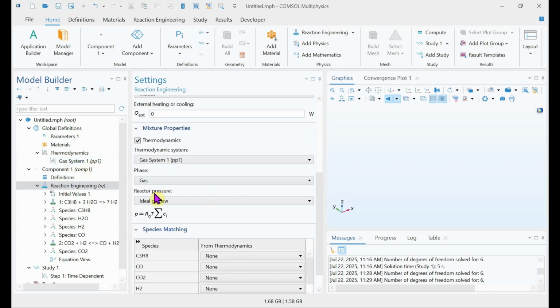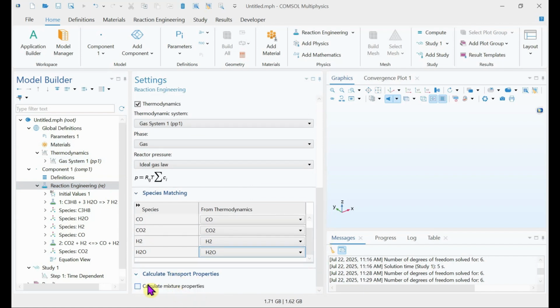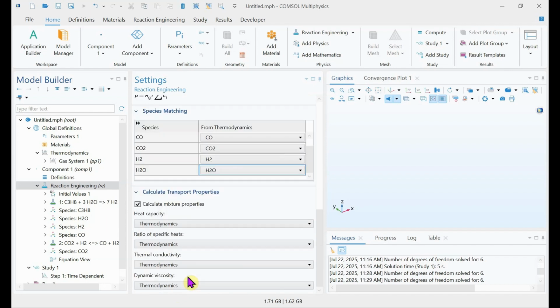The phase is gas, ideal gas law, and then we need to match each species: propane, carbon monoxide, carbon dioxide, hydrogen, and the last one should be water. Yes. And also we want to calculate the mixture properties of each species from the thermodynamics.